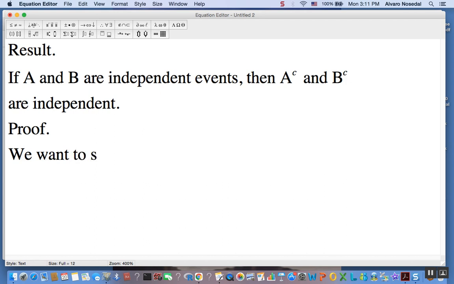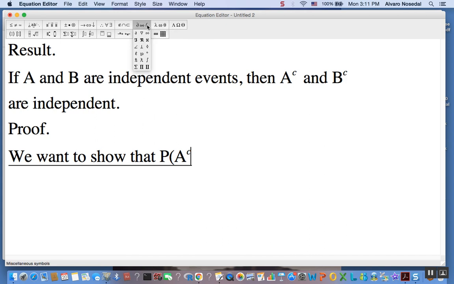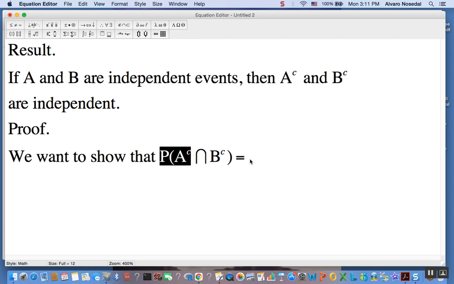Okay, so let me write down what we want to show: that the probability of A complement intersection B complement equals the probability of A complement times the probability of B complement.